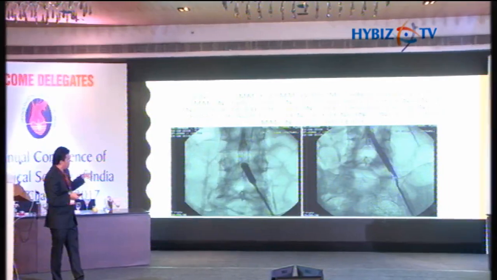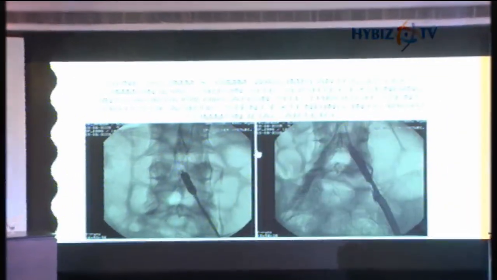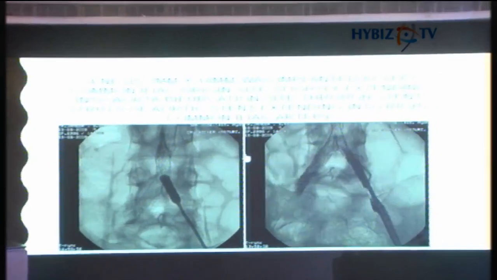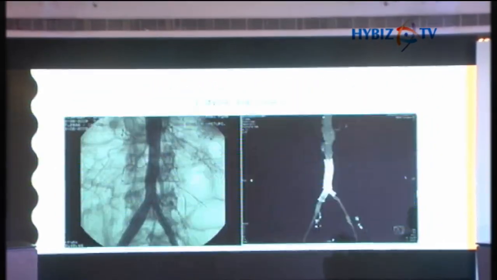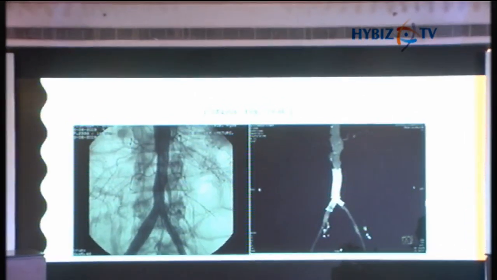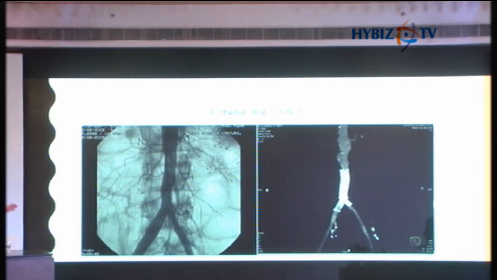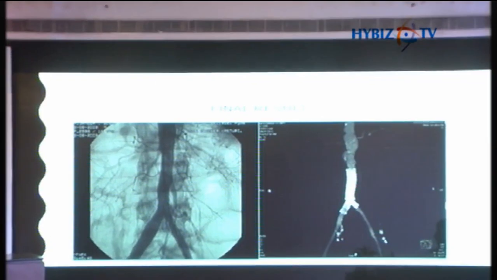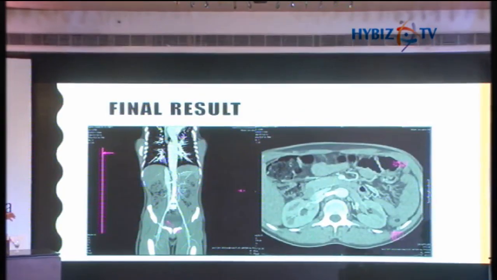It was crossed, balloon dilatation was done, and subsequently a balloon-expandable Genesis stent was implanted. So this 18-year-old boy had infrarenal long segment aortoiliac disease, CTO of the left common iliac artery, and right renal artery disease. Total reconstruction was done and his pressures were controlled.